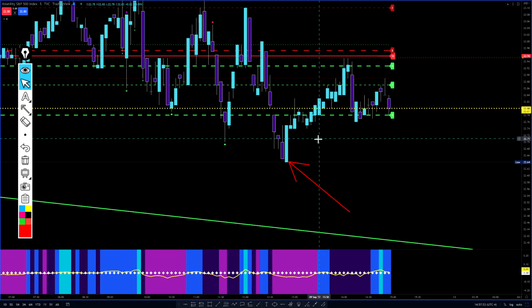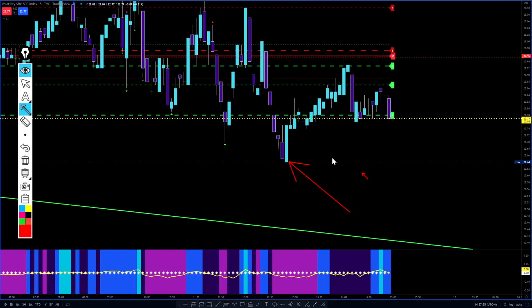Right, so around this time here is where I took the trade, and we were breaking above. This is my accumulation distribution level, so it shows how many times this level was tested, and it's been tested 4 times, and it held as support. So when you see the green dash line, that means it's support. The red dash line means it's resistance. So price hit that and fell from there.